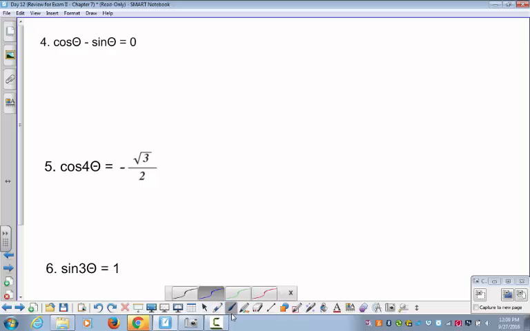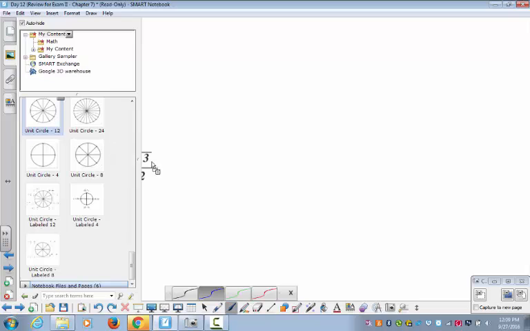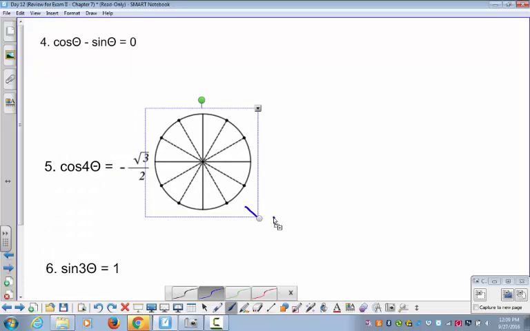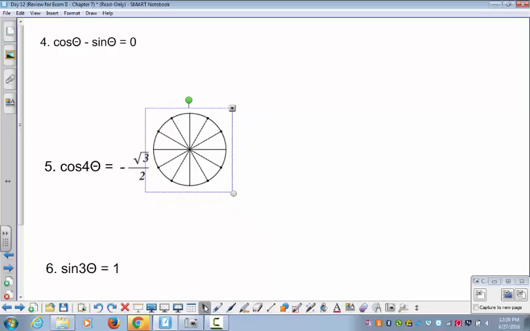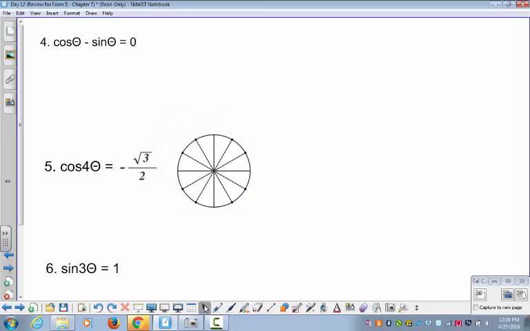All right, cosine of 4 theta is negative root 3 over 2. We're going to go to a 12-sector circle. And that 12-sector circle is going to have solutions that are in, let's see, cosine is negative. Cosine is negative root 3 over 2 at those two locations.